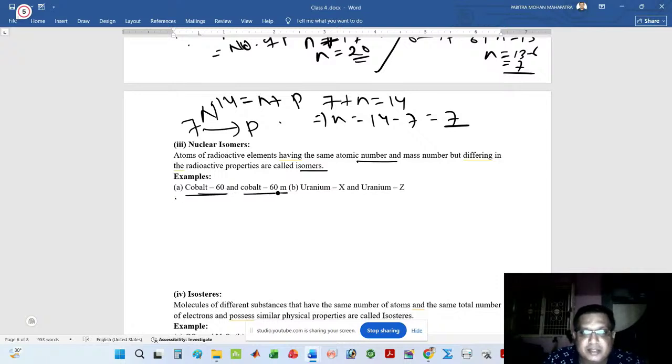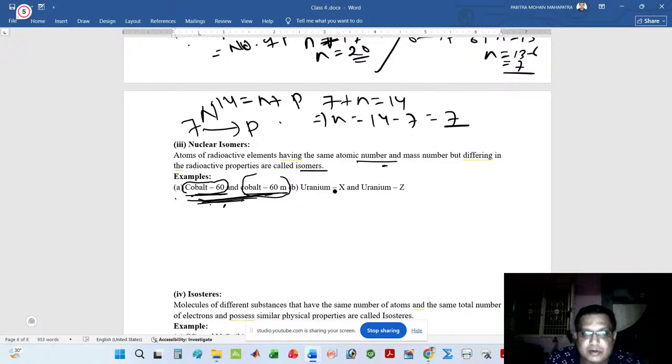Both have the same atomic number and the same mass number, but the radioactive property of cobalt 60 is not equal to the radioactive property of cobalt 60M. They are different in their radioactive property, but they have the same atomic number and mass number. So these two are said to be nuclear isomers, cobalt 60 and cobalt 60M.